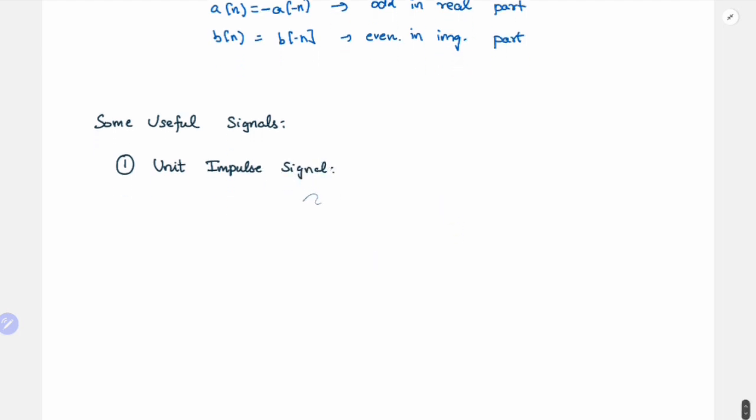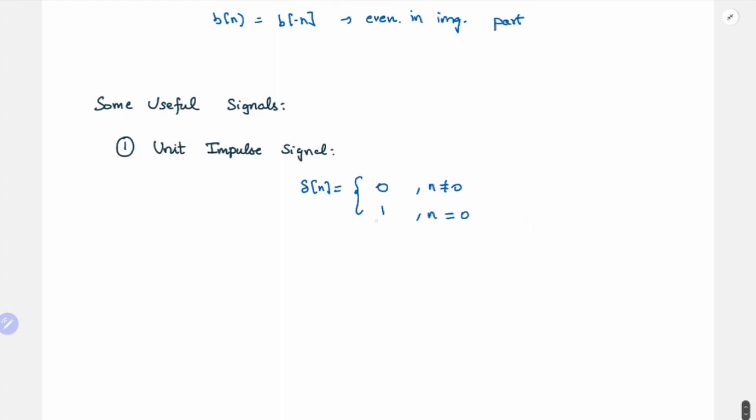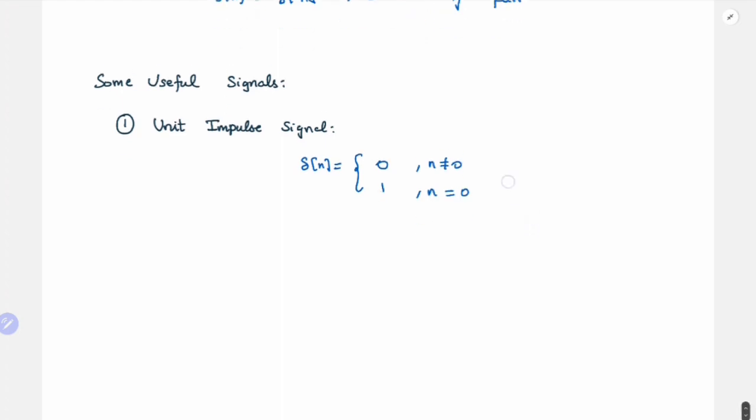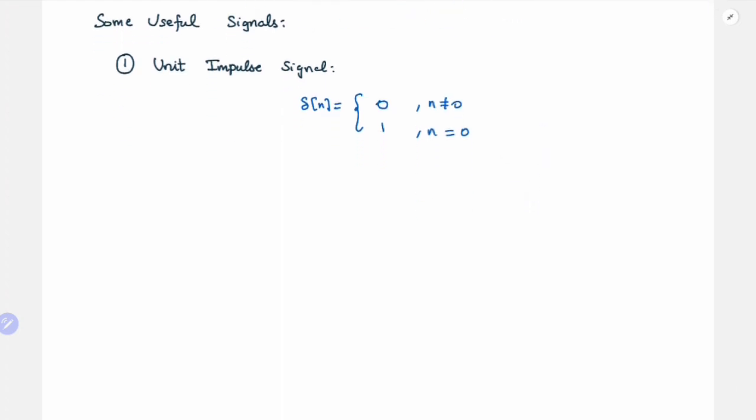In the discrete time case, there is not much complexity as we saw in the case of continuous time signals. Here we just define it as 0 for n not equal to 0, 1 for n equal to 0. Okay, it is not going to infinity, right? And it is represented by delta of n.